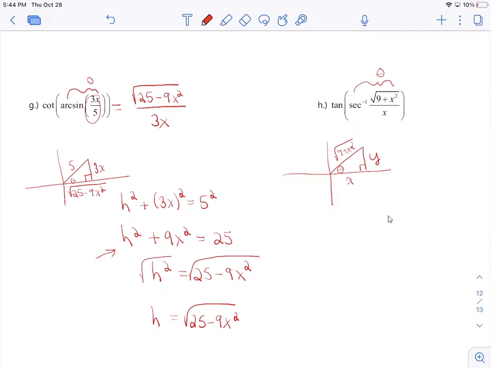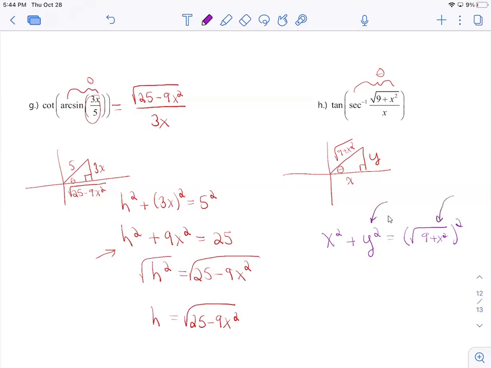So once again, set up, let me change colors so this stands out. x squared plus y squared equals root 9 plus x squared, and I square that whole thing. All right, again, your job here is to solve for y.